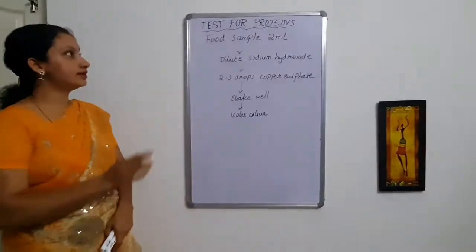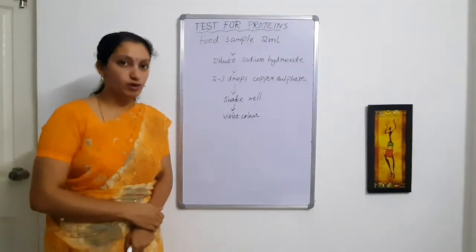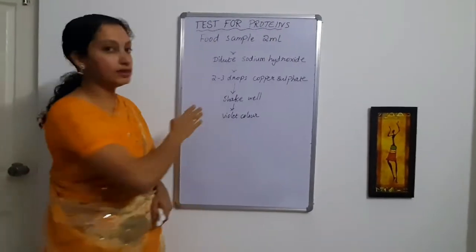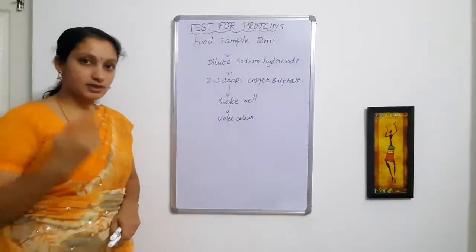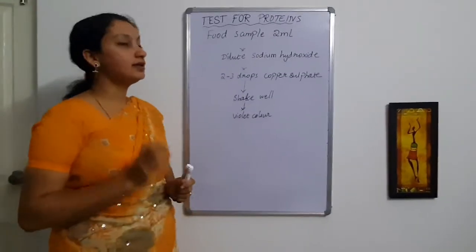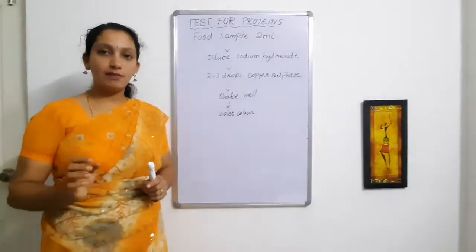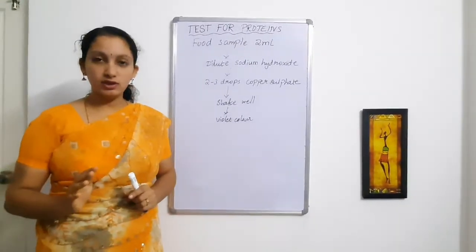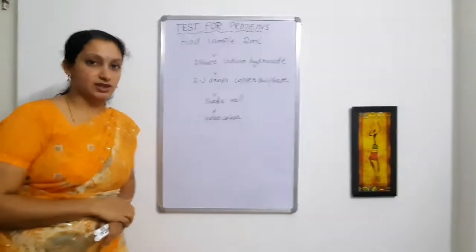Now we will see tests for proteins. Proteins are very much essential for your growth. Now for doing the test for proteins, whether it is present in food, what you have to do? The first step is take the food sample to be tested. Which food sample do you want to know whether protein is present in? Take that food sample, 2 milliliter.